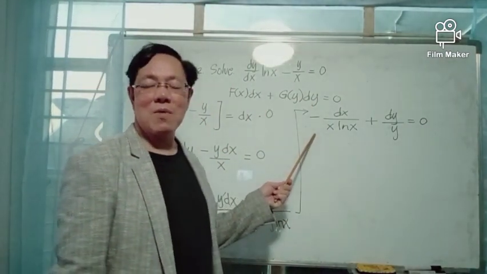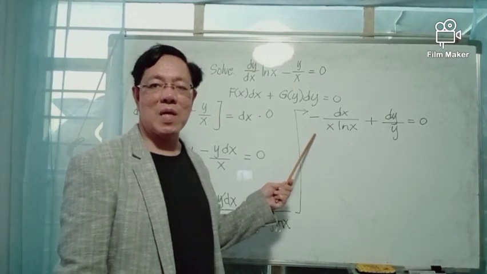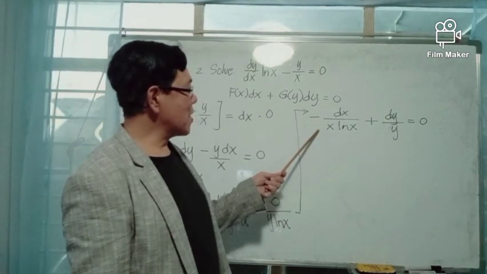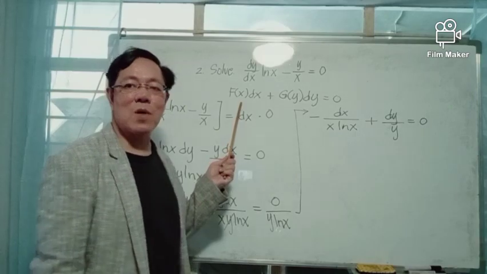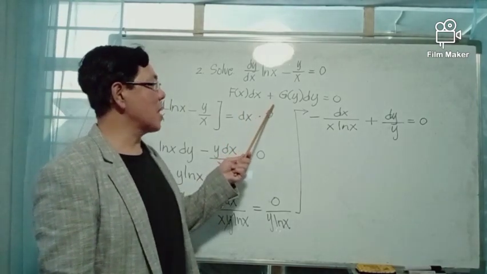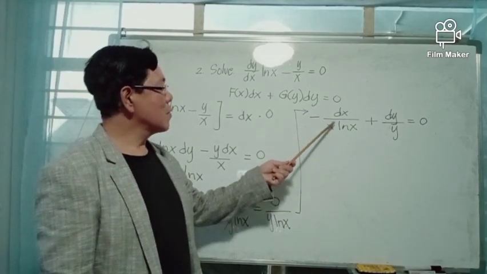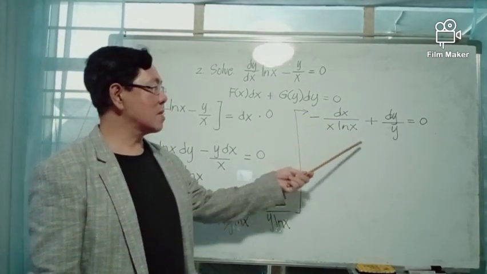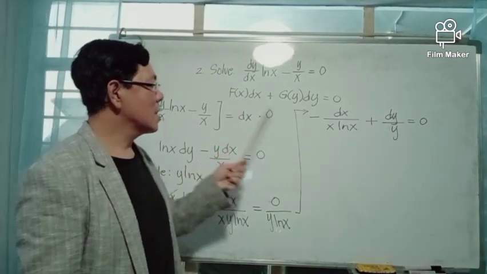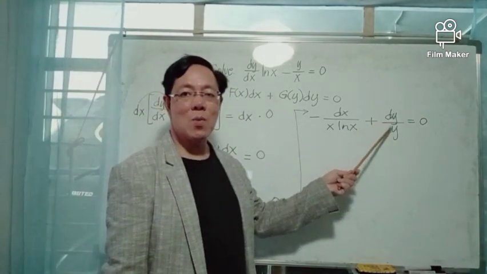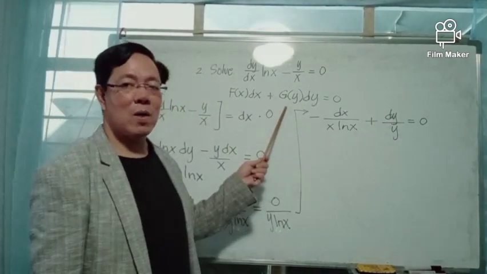Now we say that the variables have been separated because this differential equation is now in this form, f of x dx plus g of y dy equals 0, where the coefficient of dx is a function of x only. The coefficient of dy, 1 over y, is a function of y only.